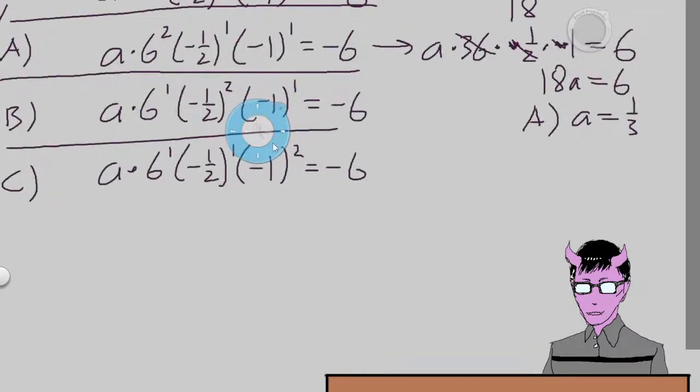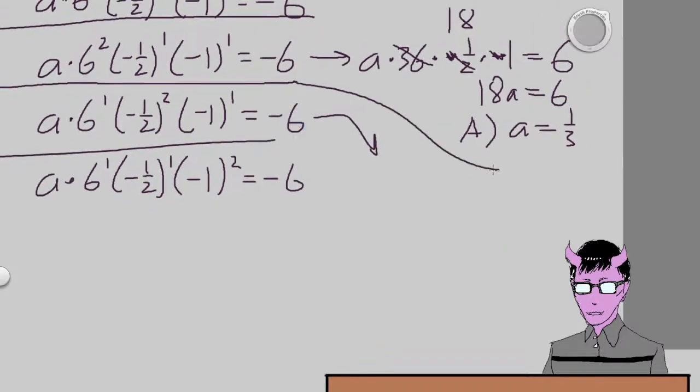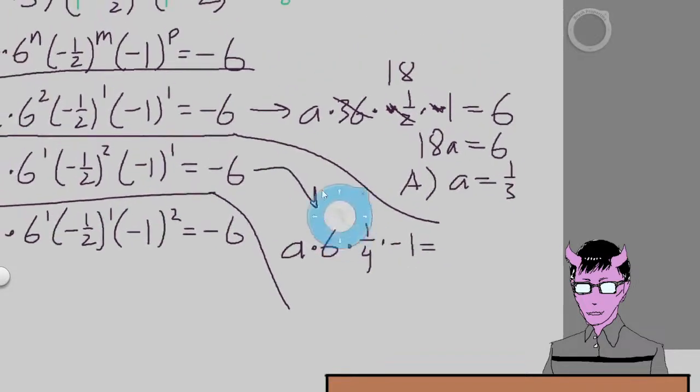Checking scenario B, of course. Is that a possible scenario? So just simplify this junk. We're going to have a times 6 times 1/4 times negative 1, and that's equal to negative 6. Oh wait, I think for this one I dropped the negative sign. So these two negative signs cancel, but this one does not.